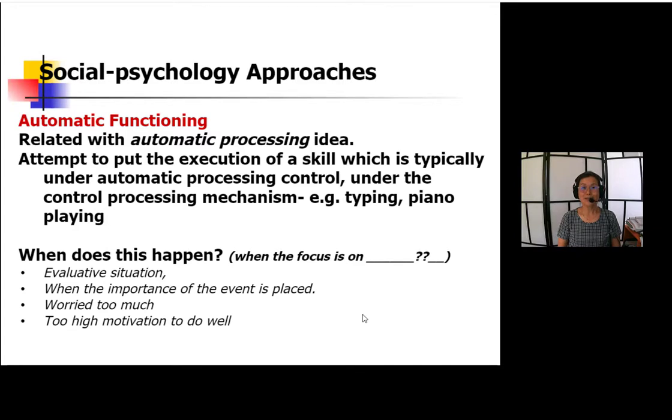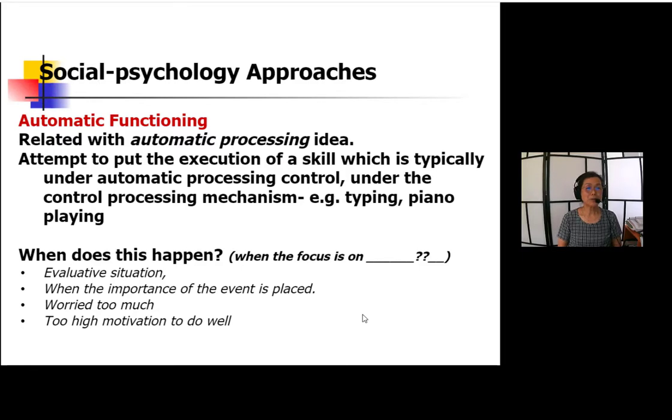A lot of students get nervous when they're doing a presentation. Normally they talk okay, they could present, but as soon as your performance is watched and being evaluated, then you start getting nervous. Then what happens? Your speech doesn't come out natural. That's the evaluative situation. It happens a lot in sports as well, and in other situations.